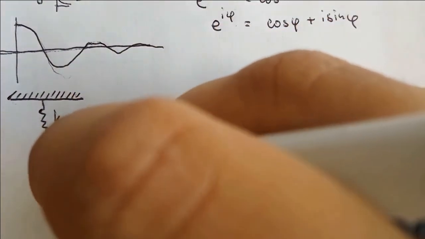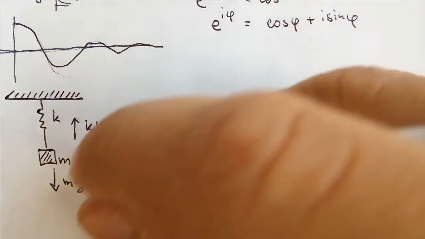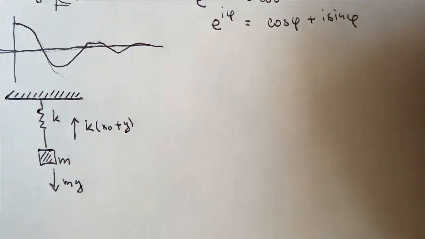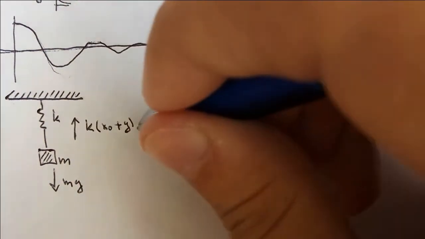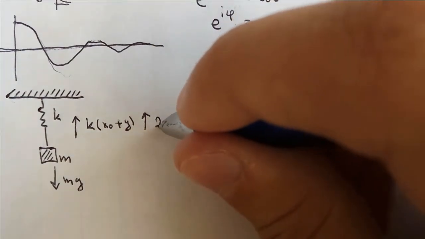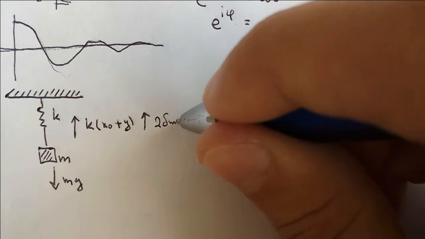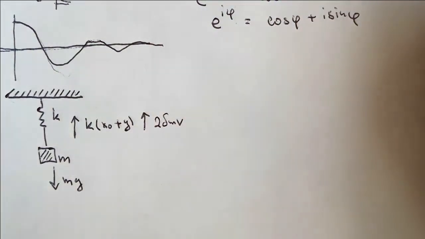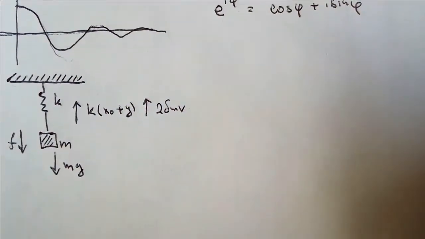There is gravitational force which will cancel out with this k x0 force, and there is another force, the friction, which is 2 delta m v, just the first power of v. Then I will add some force F which is pulling on this mass. This force is time dependent.